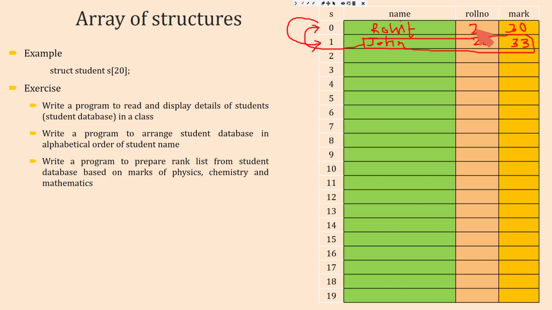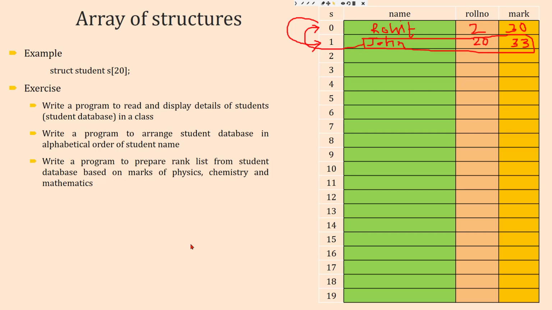The corresponding roll number and mark will change. So when we interchange or swap these, we have to interchange the record with respect to the name. So by comparing the name, we have to swap the entire thing.